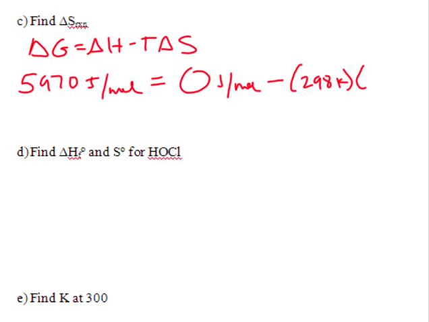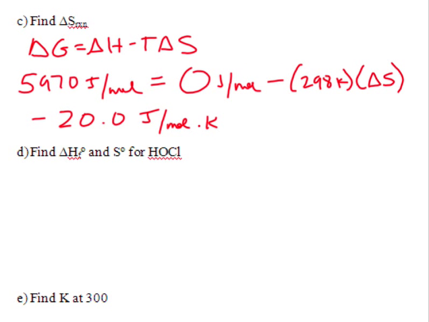And then our delta S is what we're solving for. So in joules per mole Kelvin, what? That's what they got, negative 20.0 joules per mole K. Is everybody good?